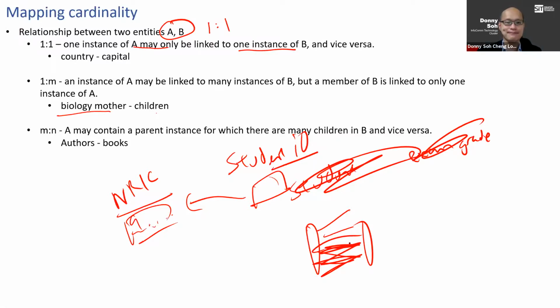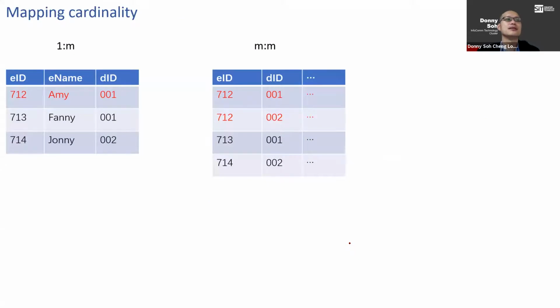So if we want to map cardinality, this is somewhat of how we do it. So if let's say there's a 1 to M relationship between this and this.